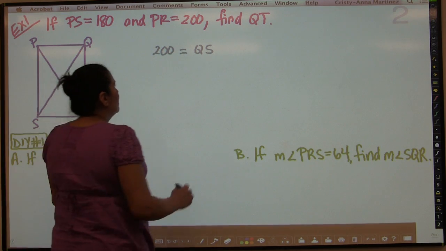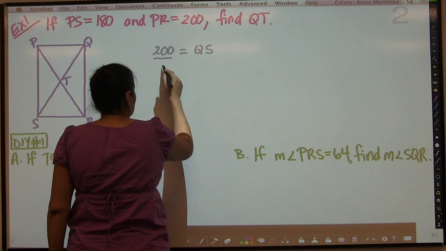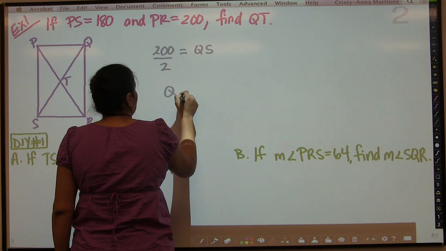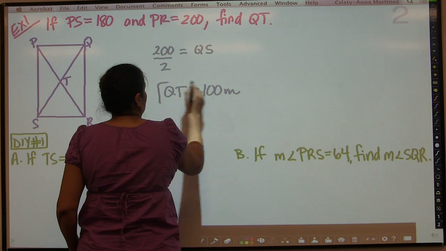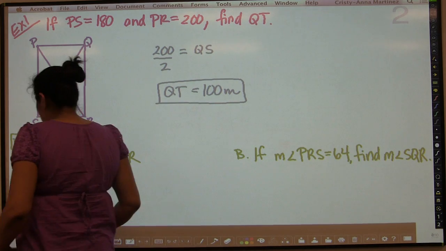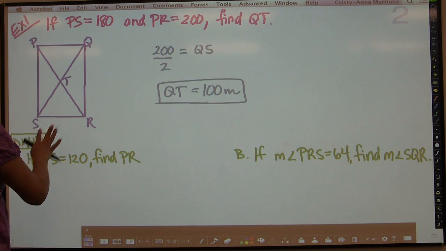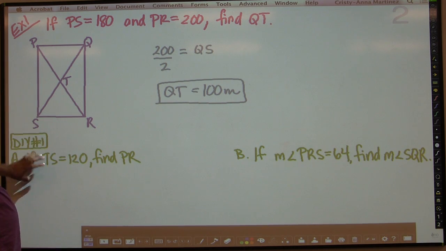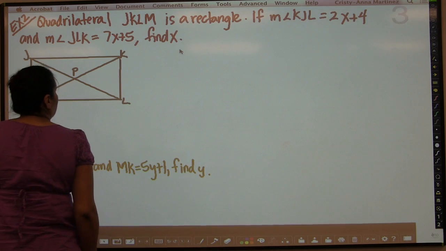So basically we can take this and divide it by 2, and then QT will equal 100 meters. So that is how we get the length of QT for this example. Now in Do-It-Yourself 1, A and B, we want you to still use the same figure from example 1, but with different information. So you can do that, and then we will move on to another example.